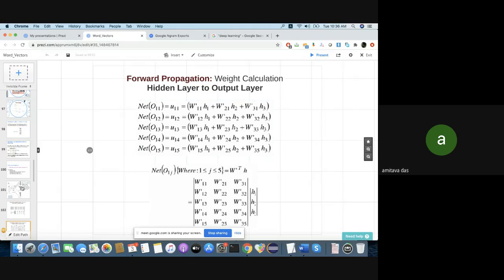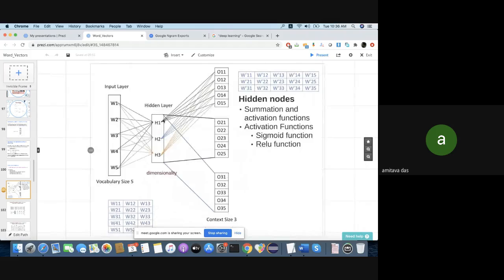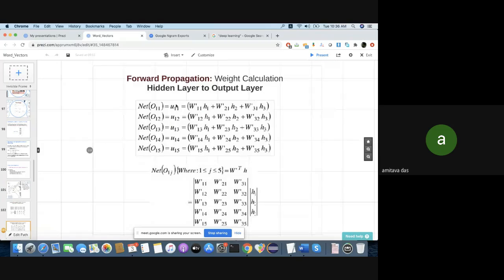So again, we are basically getting 3 inputs from H1, H2, and H3, and we are multiplying H1 with W dash 11, H2 with W dash 21, and H3 with W dash 31, and we are getting the net weight of O11. Similarly we have U11, U12, U13, U14, and U15.